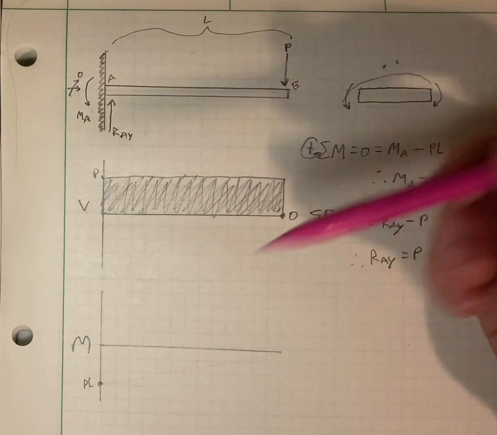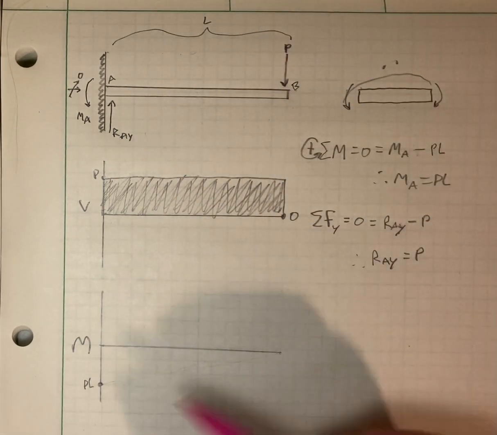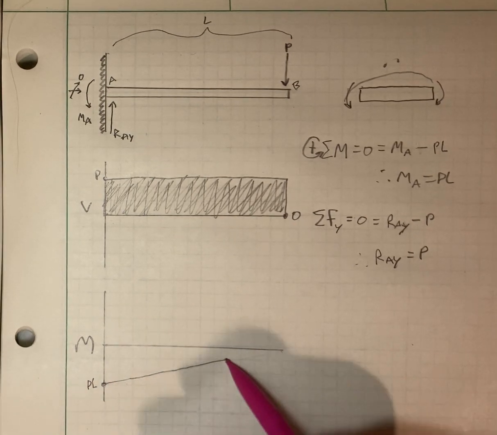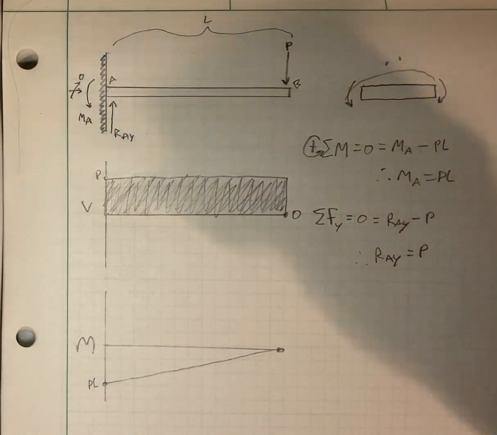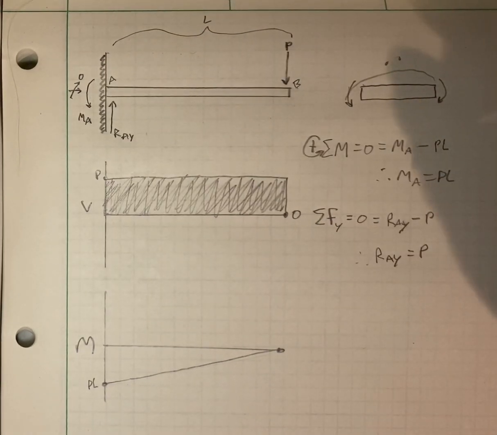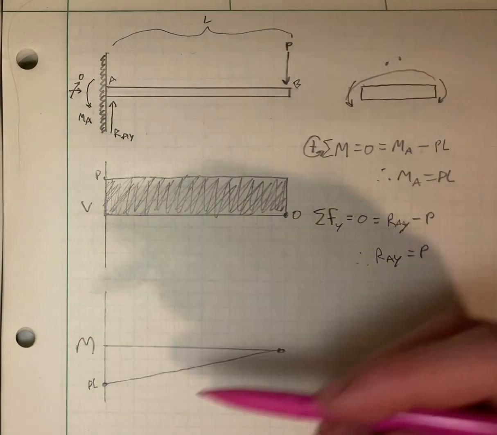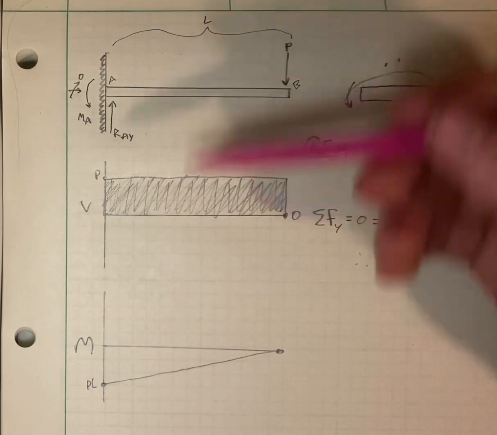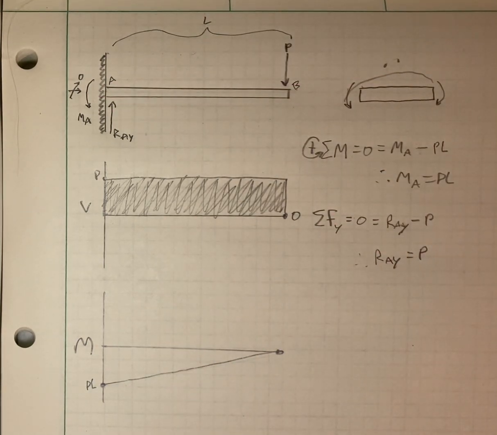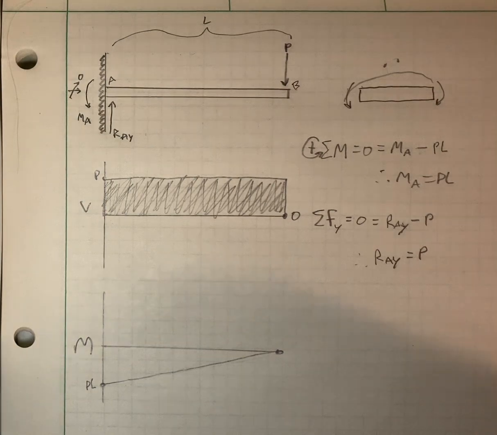If this was below the axis, it would be negative and we'd be going down. But it's above the axis, so it's positive, and we get to go up straight back to 0. Whichever way you want to think of it. I think the second way is technically the more correct way of thinking of it, but you could also just do it by inspection, see that it will go straight back to 0 because there's no other moments acting on it. All right, see you in the next one.